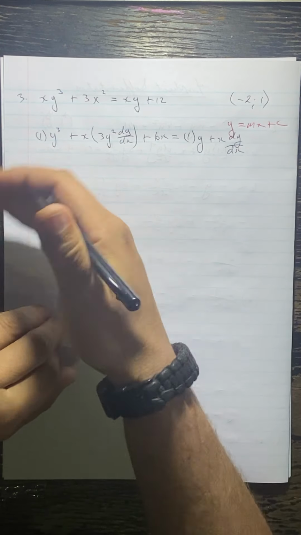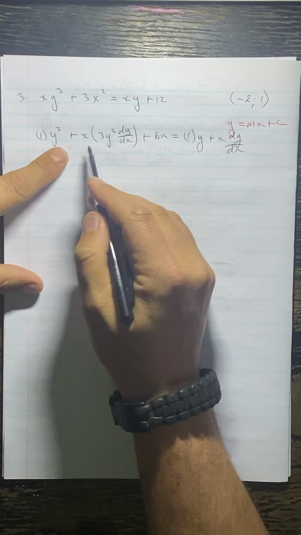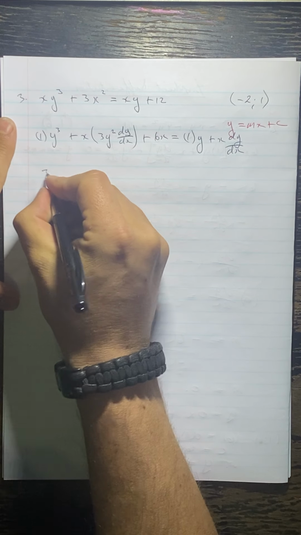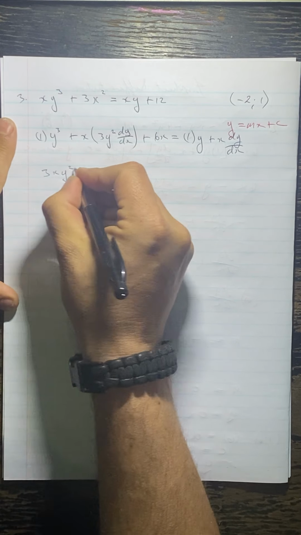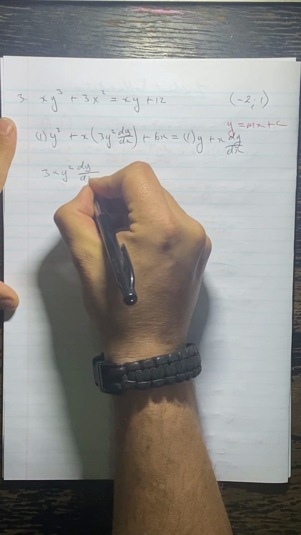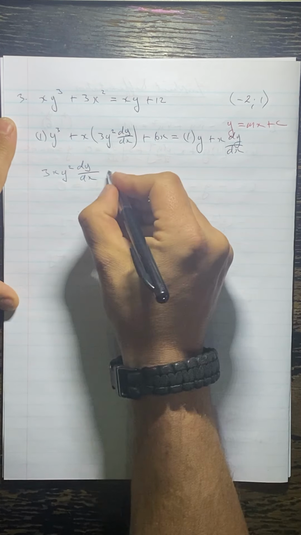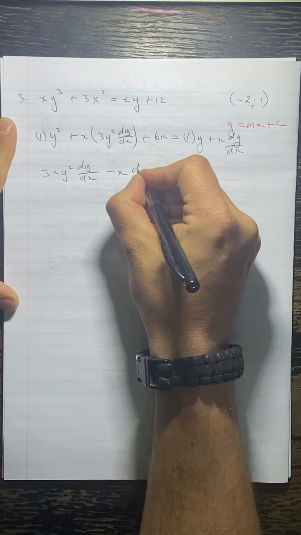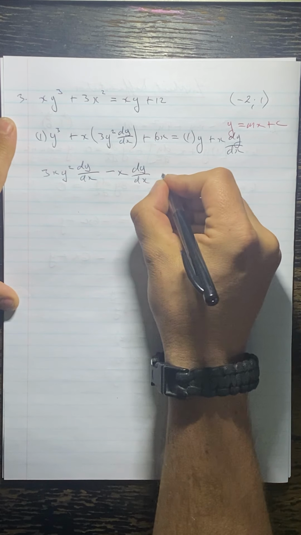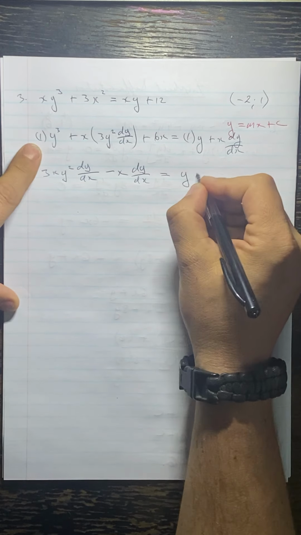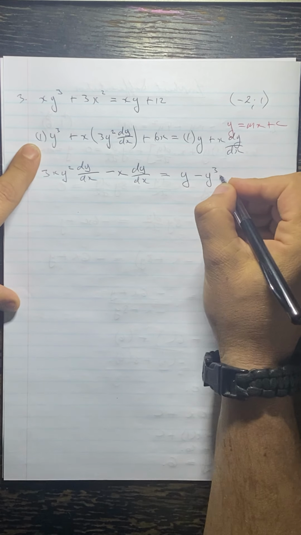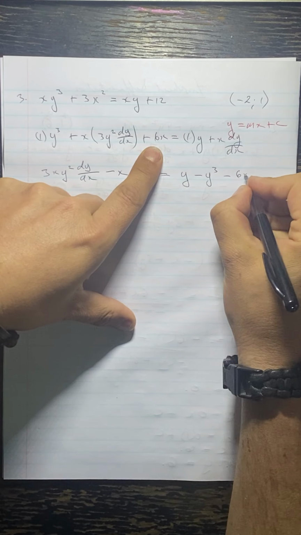Okay, dy dx is to this side, everything else to that side. So we get here 3xy squared dy dx minus x dy dx is equal to y minus y cubed minus 6x.